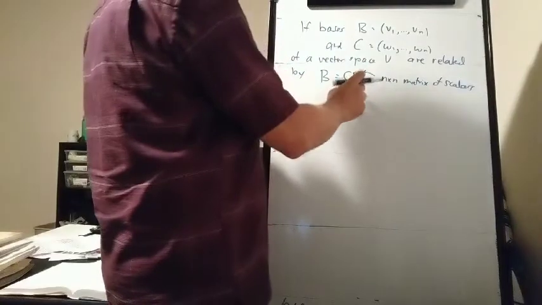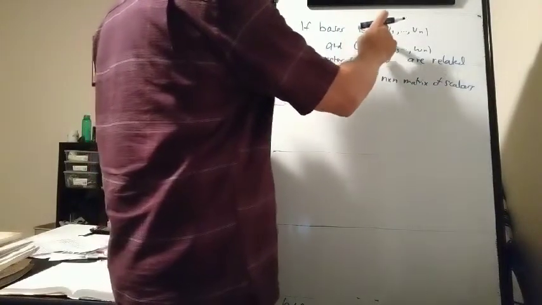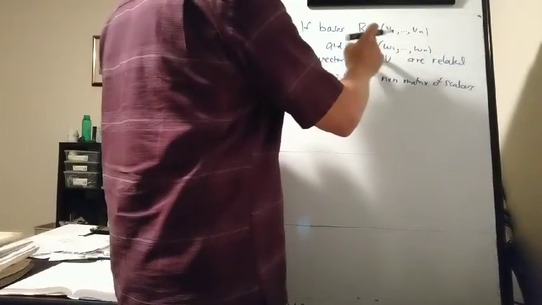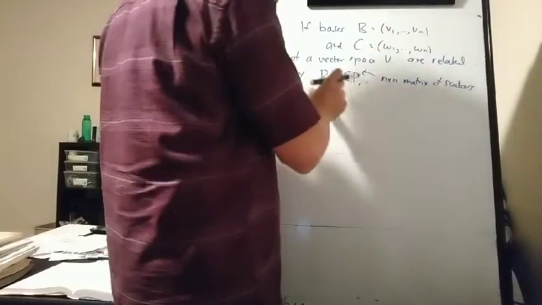So it's filled with numbers, and I'm thinking of B as a row vector of vectors and C as a row vector of vectors.